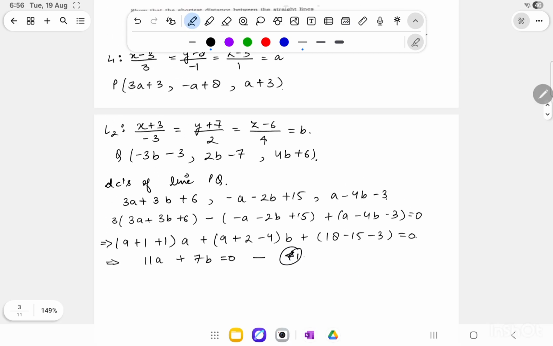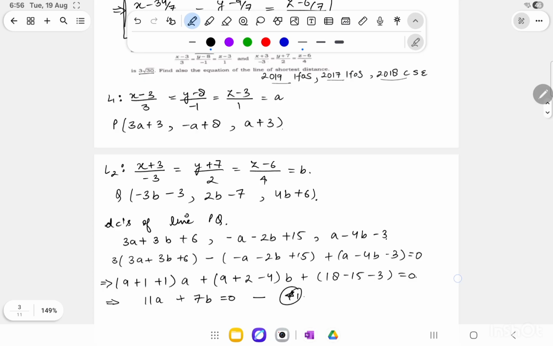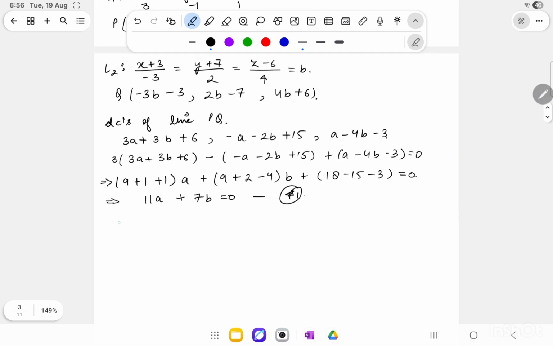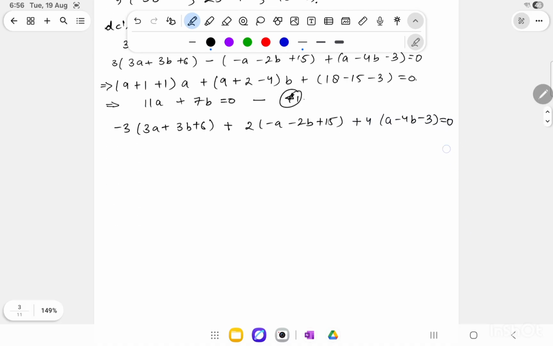And using the perpendicularity result with line L2, I'll get -3 into (3A + 3B + 6) + 2 into (-A - 2B + 15) + 4 into (A - 4B - 3) equals 0.